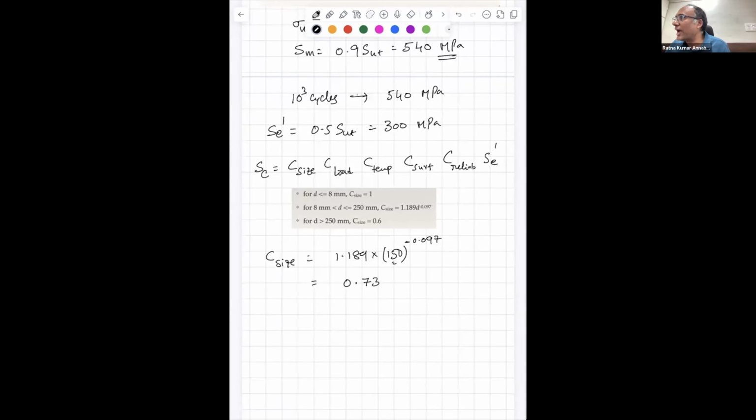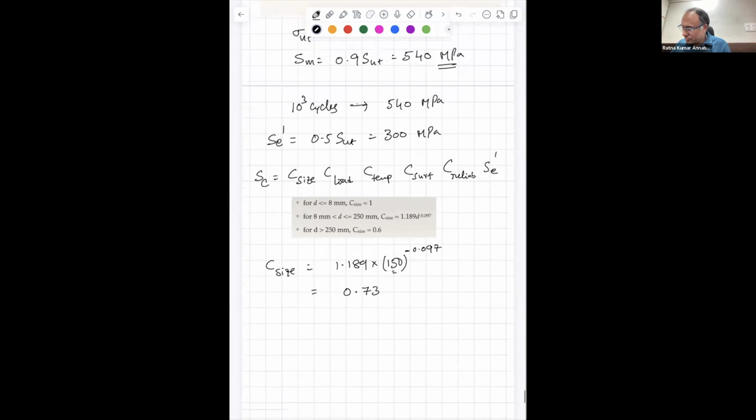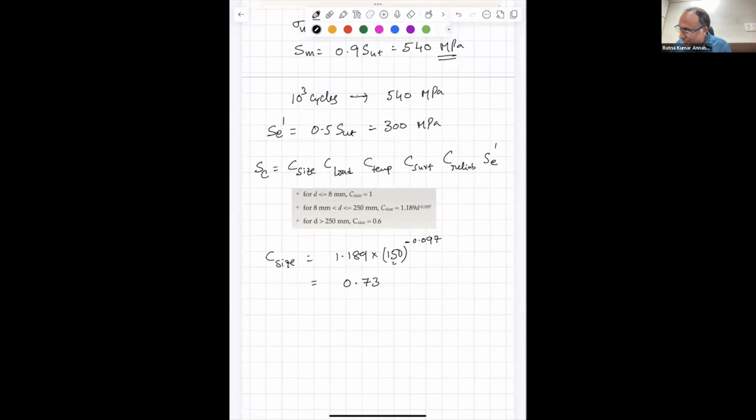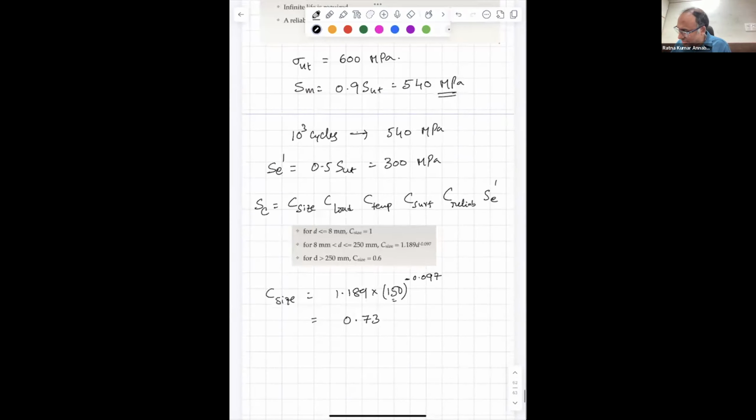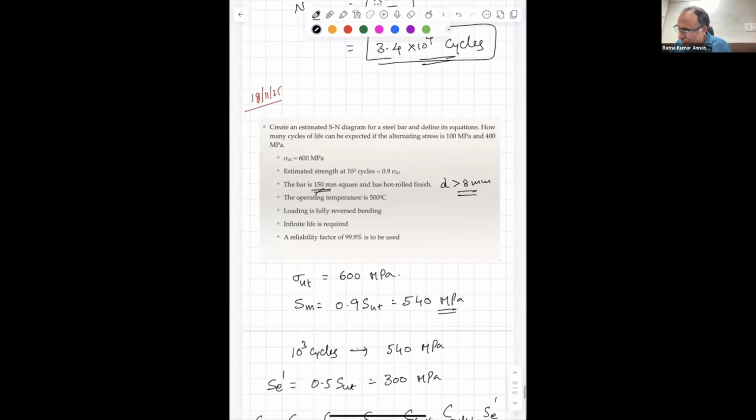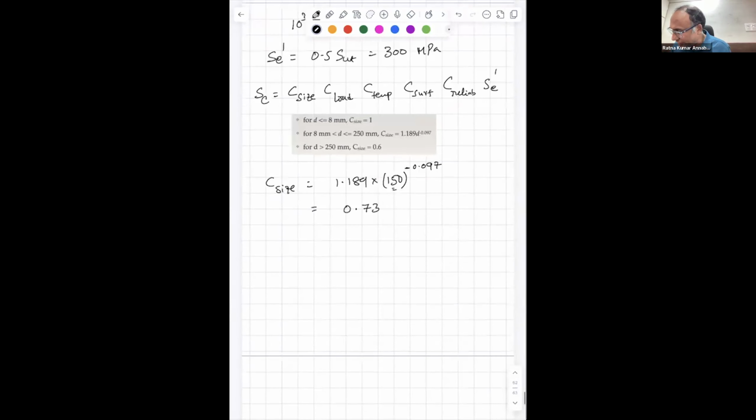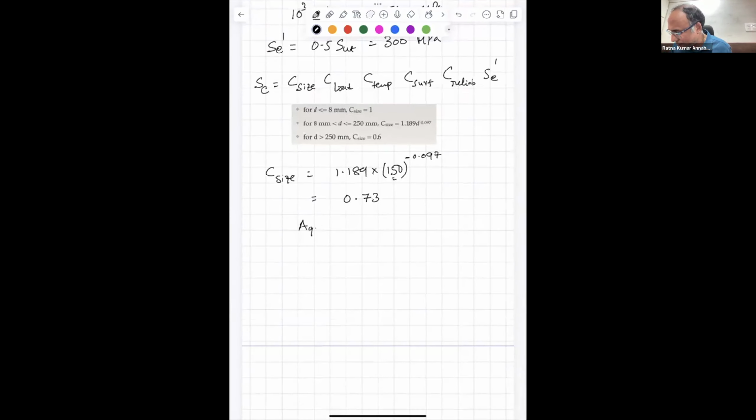One problem that we had. Yeah, 0.73, right? Now that is assuming it is a circular one. But if you carefully observe, this is a square one. It is not circular. So I have to calculate A95, isn't it? A95 will be 0.05 BH, that means B square.